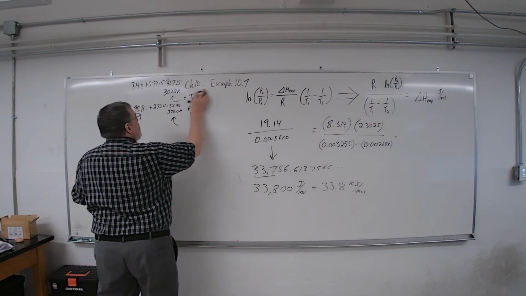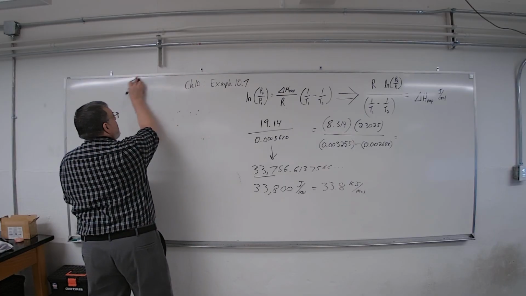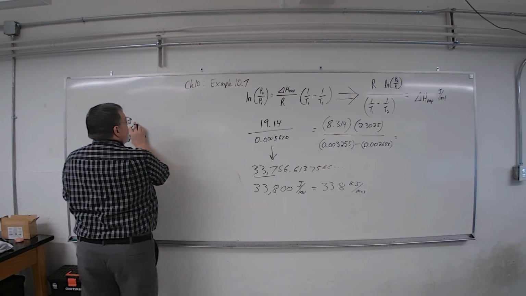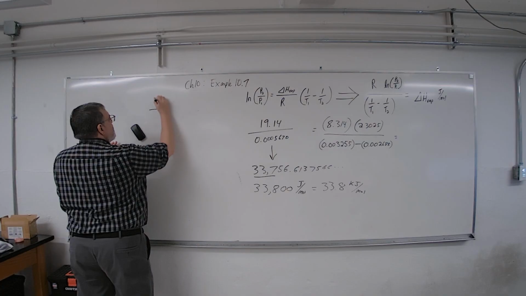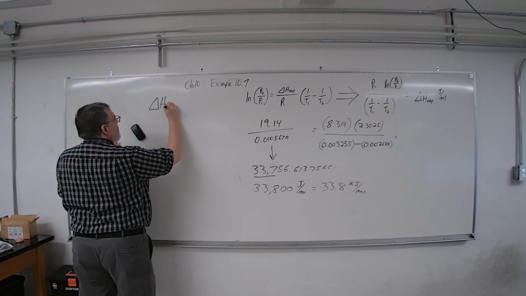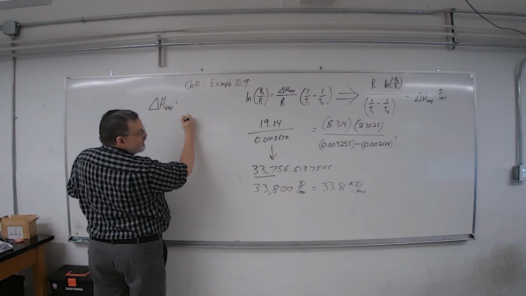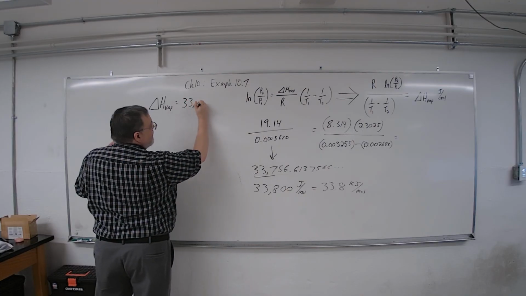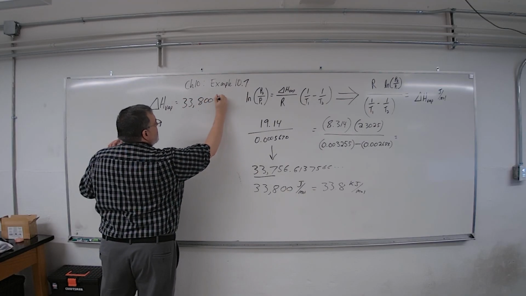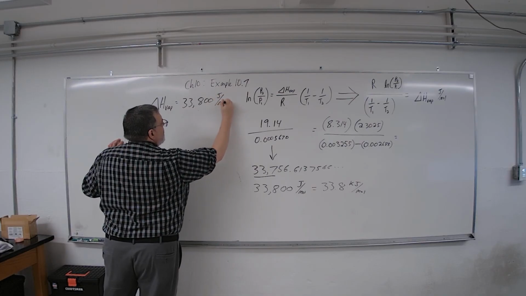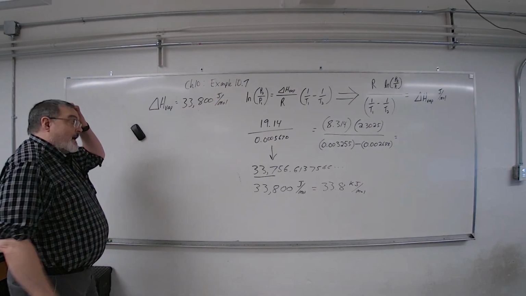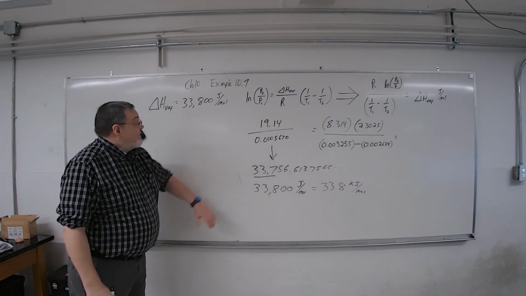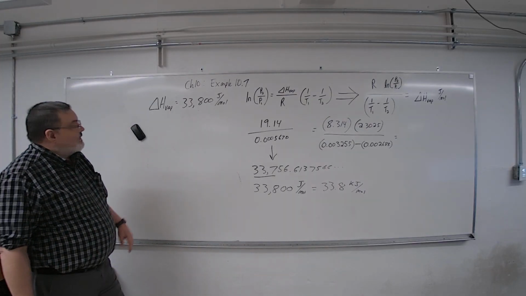What we've just figured out is the delta H equals, I'm going to use 33.800. So for my purposes, what I'm about to do, that's the one I'd rather keep. That's what we just found out.